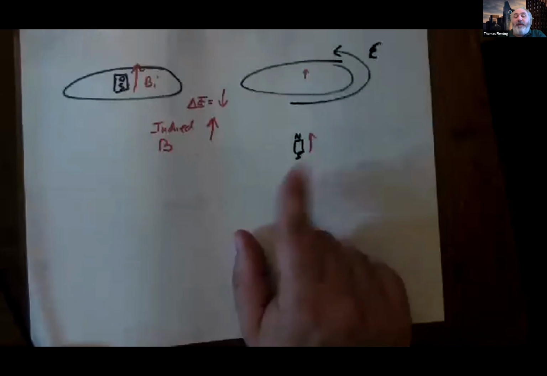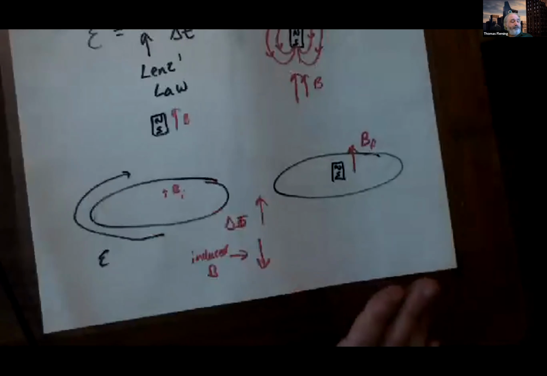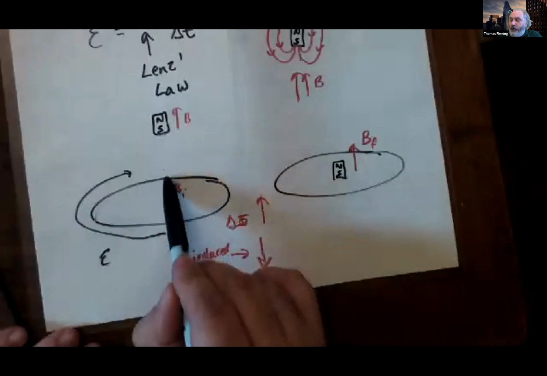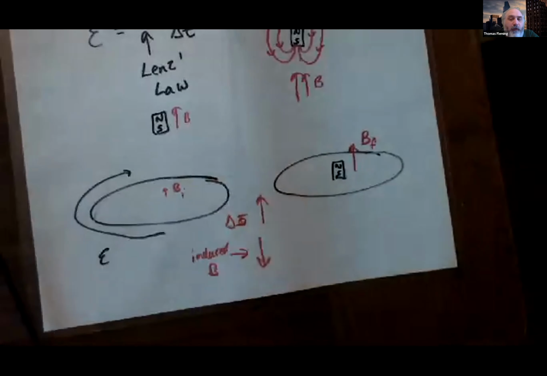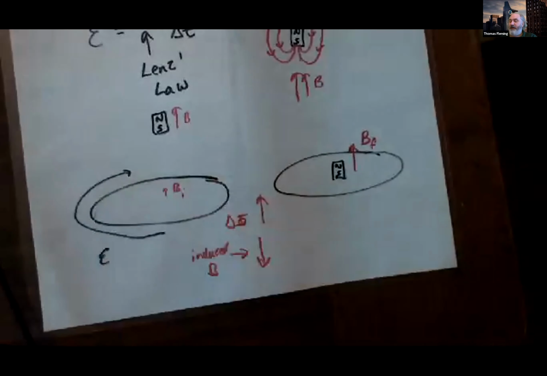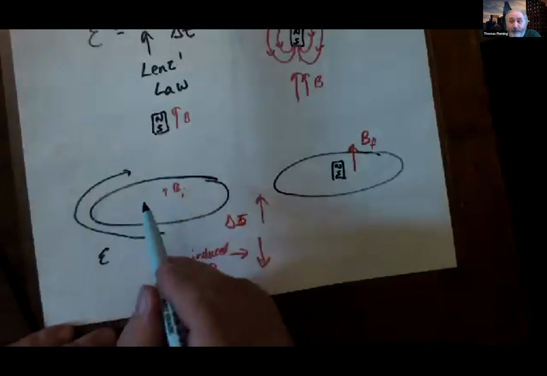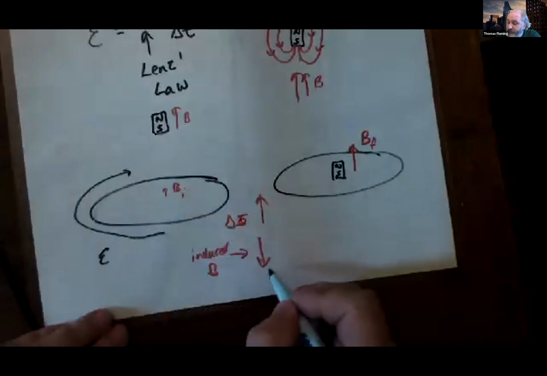Now, let's think about the mechanics of this for a second. Let's go back to this scenario. Now, as this magnet is dropping towards my coil, well, what's going to happen is I'm getting this induced EMF that is clockwise. And that clockwise EMF is generating a magnetic field created by the coil that points downward.